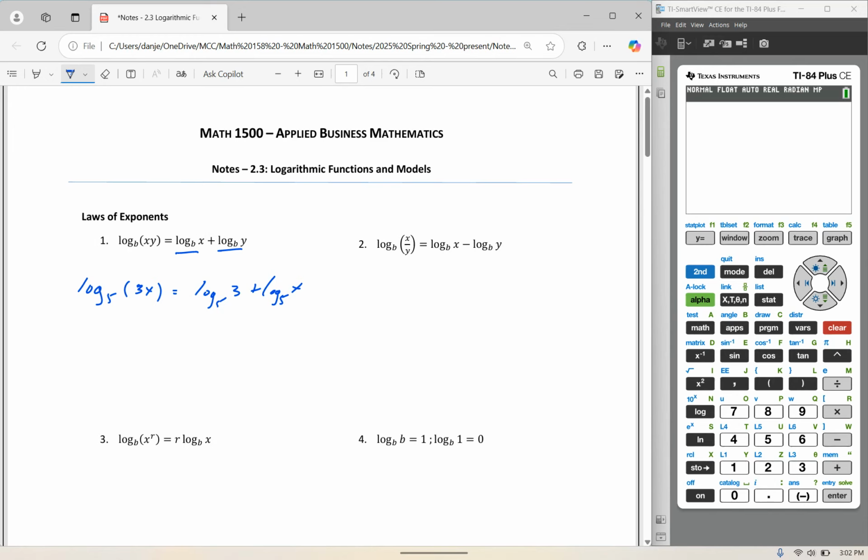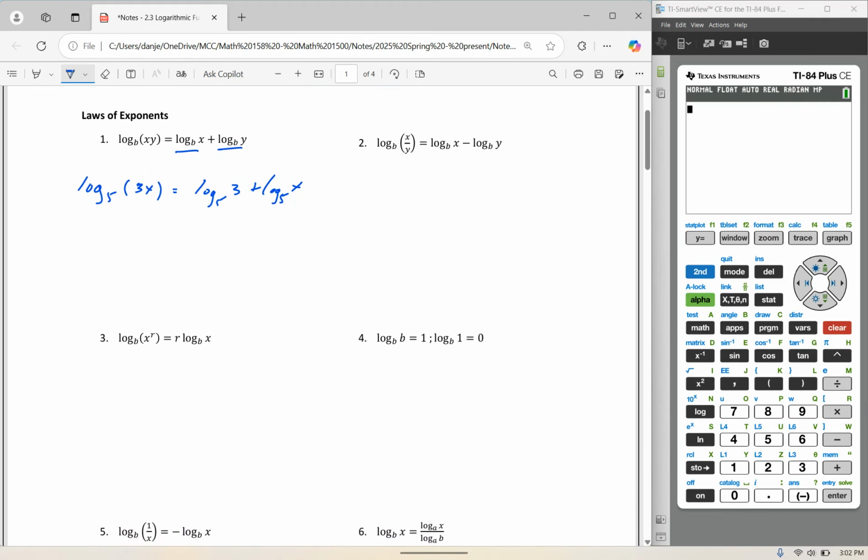Quite honestly, we use these more algebraically these days because of the functionality on the calculators. And for this course, we just want to be able to see that. I'm going to skip number 2 for a moment and come down to number 3. If I have log base b of x times y equals the log base b of x plus the log base b of y, that's law number 1.